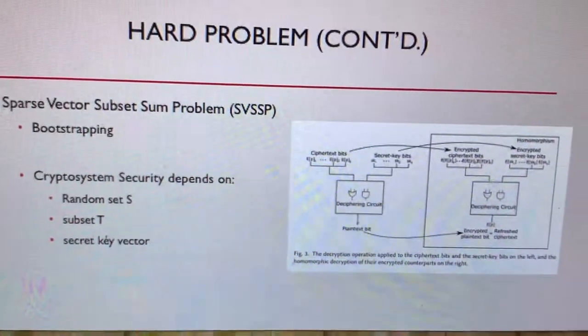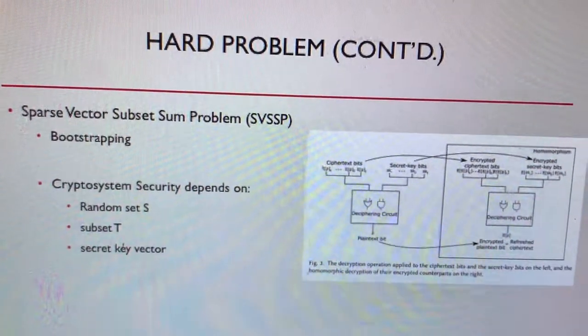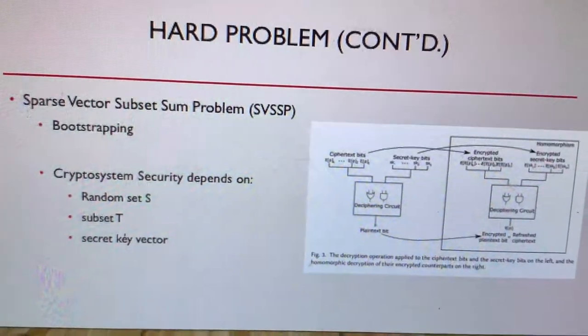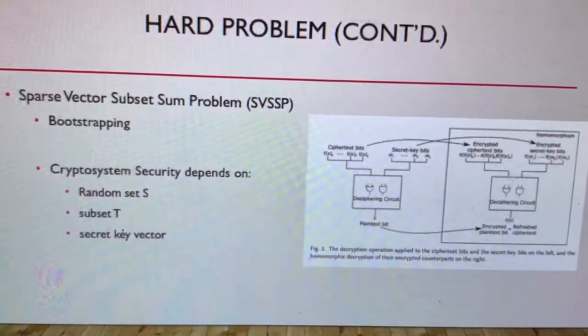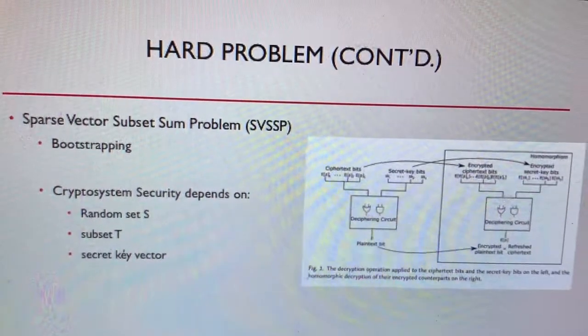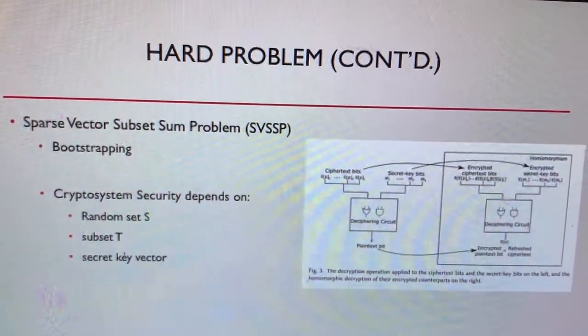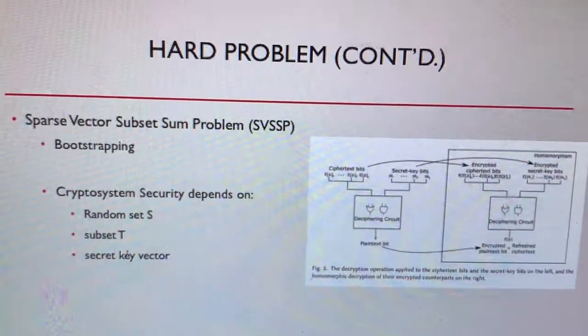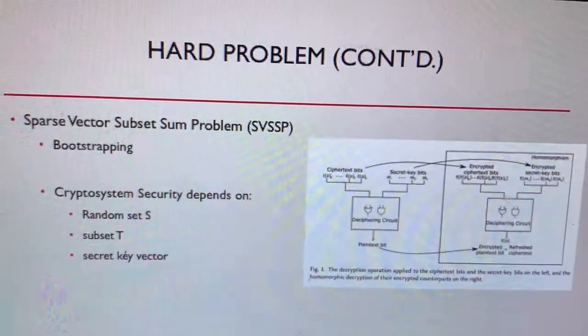Versus if the random set S is sufficiently large to run on polynomial time, and the subset T is uncountably infinite, this means that lattice-based reduction algorithms will break down, will not be effective, for example, in attacking the system.